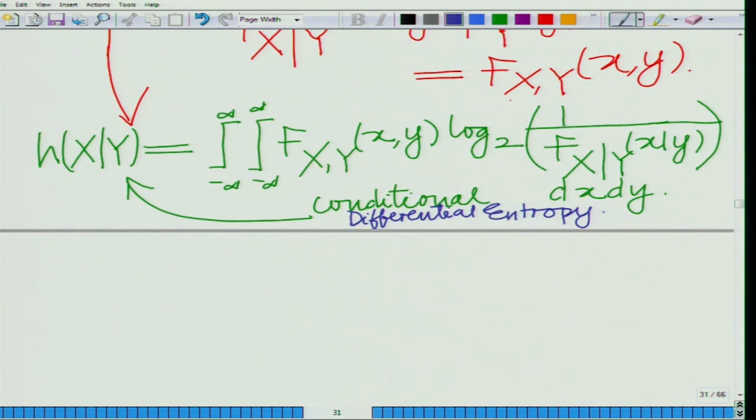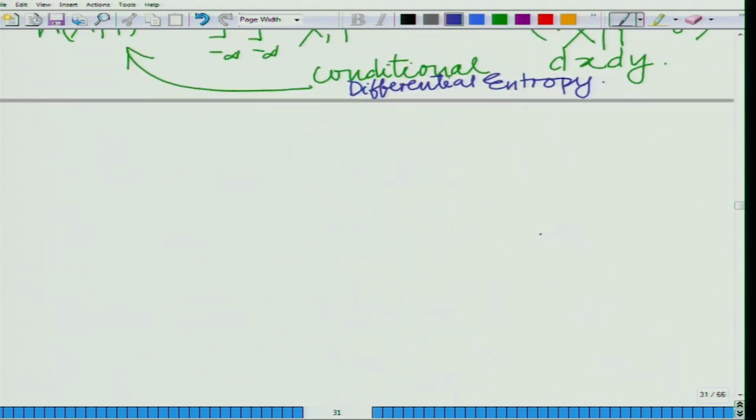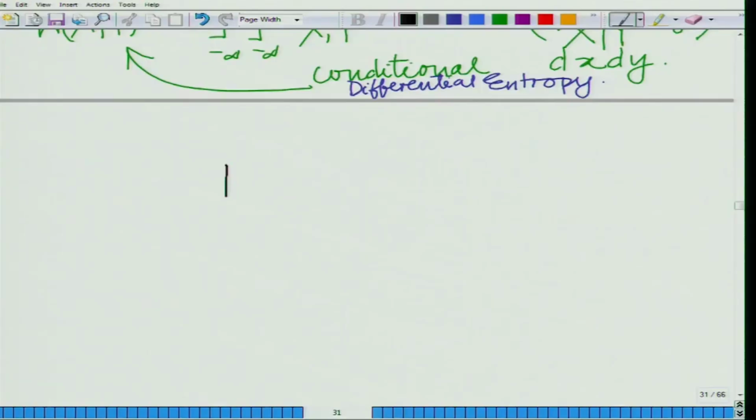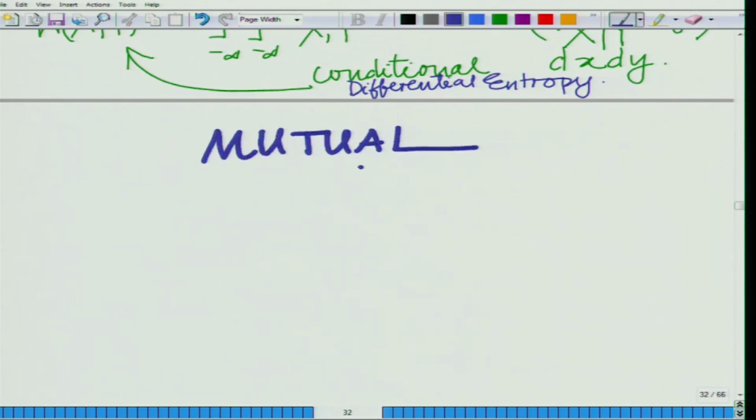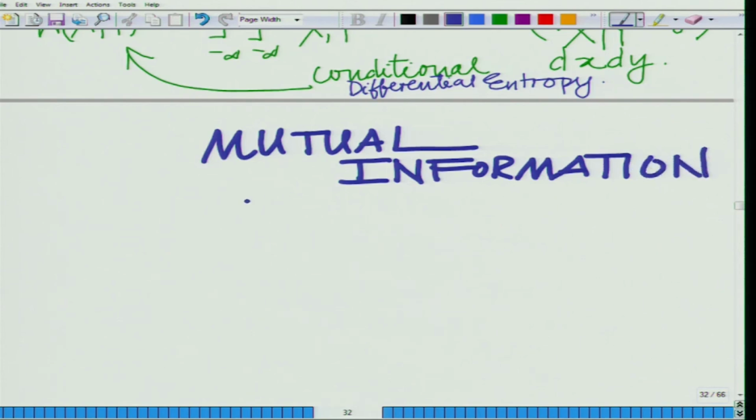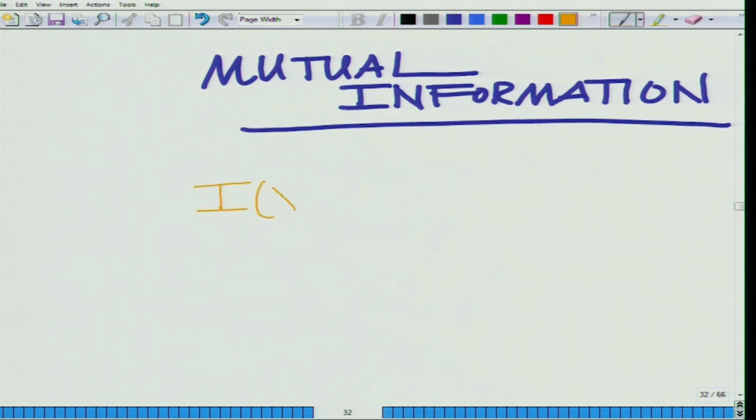Okay. And finally, one can also define the mutual information between these two continuous sources. The definition is once again similar to what we have for the discrete sources, that is, you have the mutual information I of x comma y equals h of x.